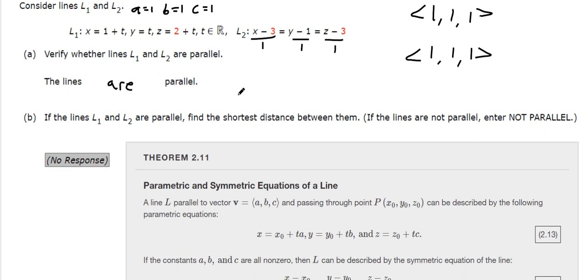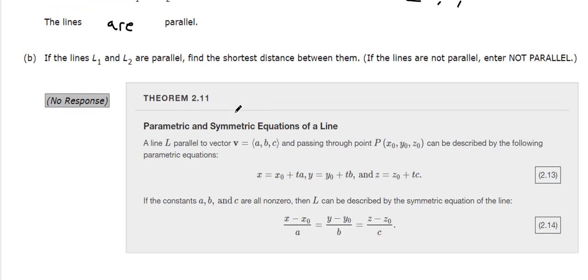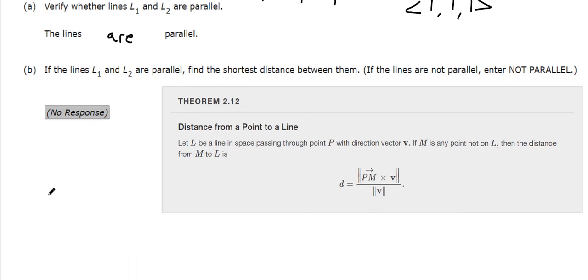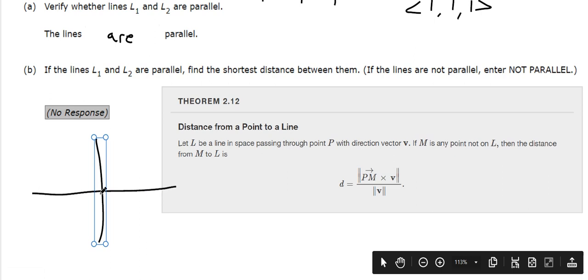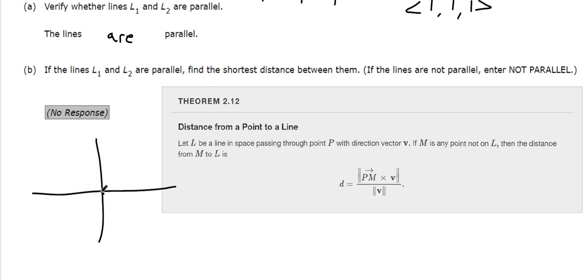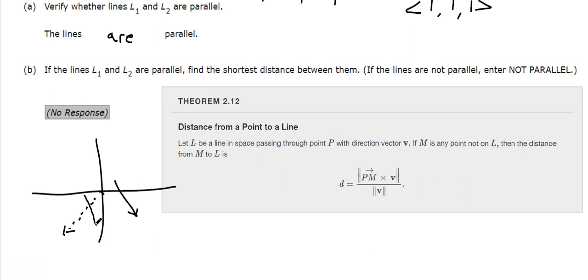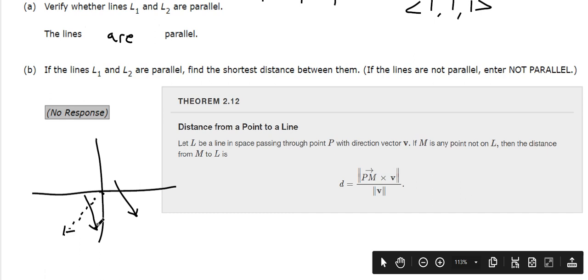If the lines L1 and L2 are parallel, find the shortest distance between them. Let me pull up that theorem. We've determined that they are parallel. If you try to visualize vectors in three-dimensional space, draw the two vectors, maybe one starts over here and one starts over here, and you can visualize this coming out at you from the computer screen.